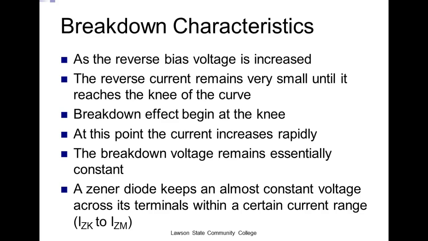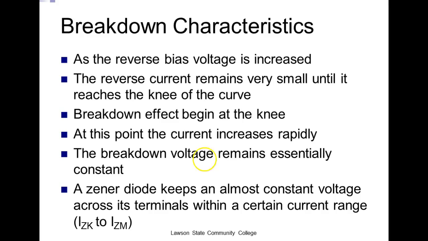At this point, the current increases rapidly, and the breakdown voltage remains essentially constant. Now, it is going to vary with current, just like your forward voltage drop varied with current, but it's not going to vary much. The Zener diode keeps an almost constant voltage across its terminals within a certain current range.